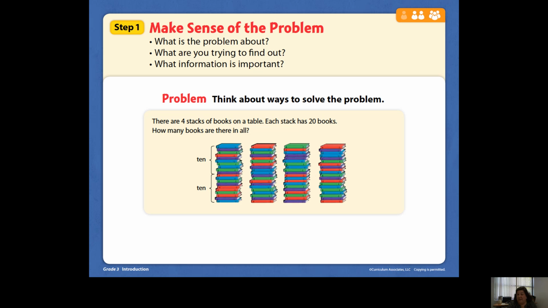But where those stacks are located, that they're sitting up on a table, is probably not that important. And then what's most important is what they are wanting us to do with all that. That last question, how many books are there in all, tells us what they're wanting us to do with it. They're wanting us to tell them the total number that they have of all these books.